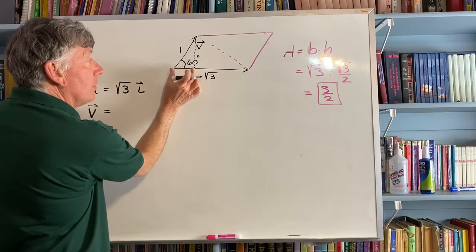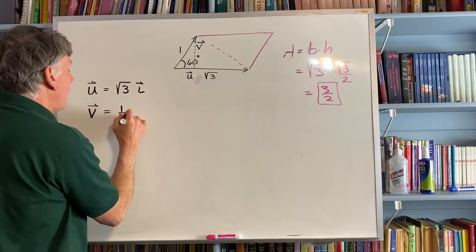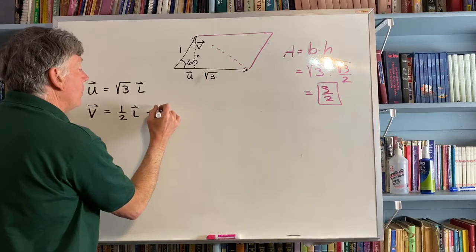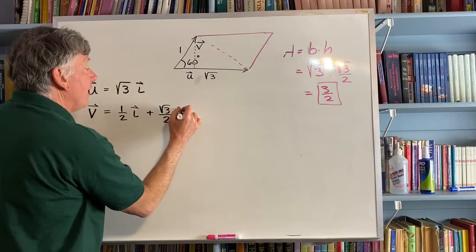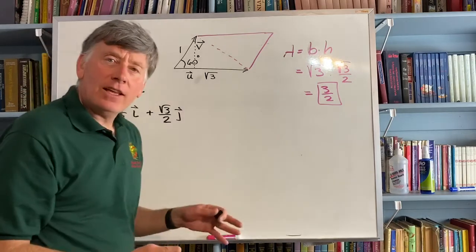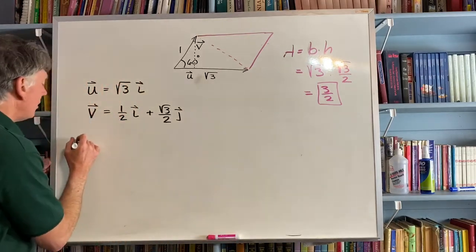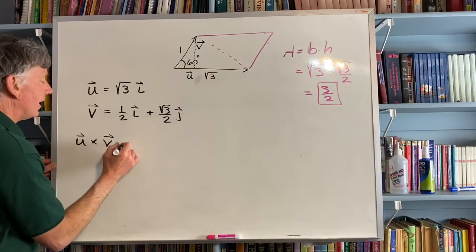This, if you remember, is 1/2. So I'm going 1/2 in the i direction and up square root of 3 over 2 in the j direction. And again, no k's. So now I want to do my u cross v vector.